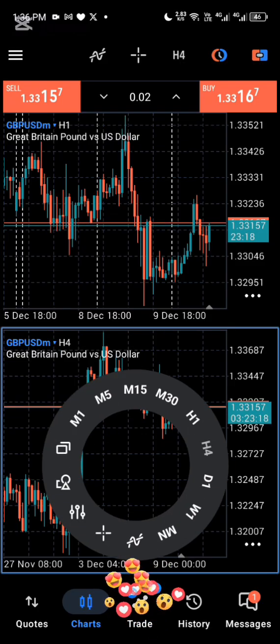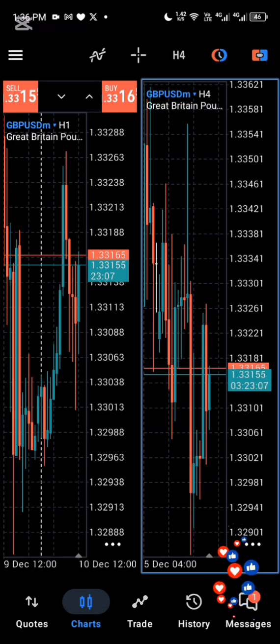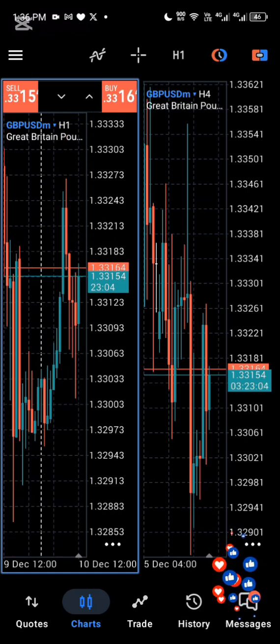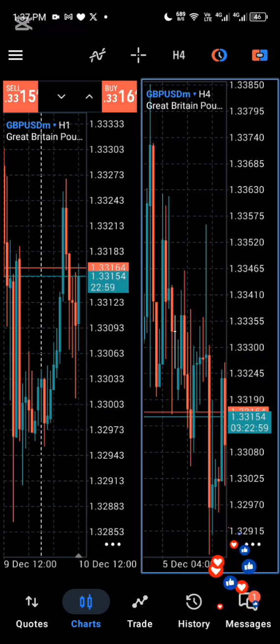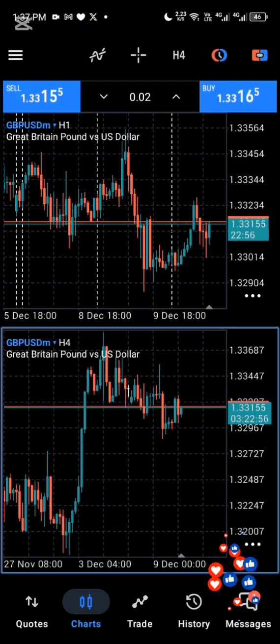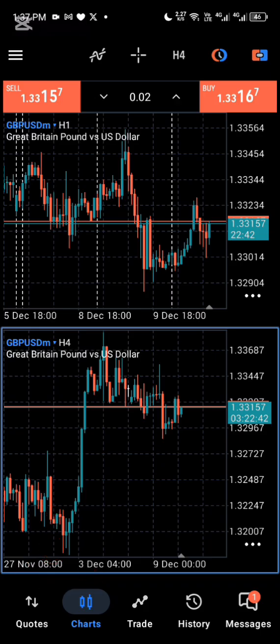If you don't want that, you can still click on the same place and remove it, or you can change it to a two-way, two columns layout, something like this. There are people that can trade like this, but me, I cannot enjoy it like this. I prefer to do it in a tile way, so I'll know 1 hour is above me and 4 hours is below me, because this can help me analyze better, from seeing my higher time frame to the lower time frame.